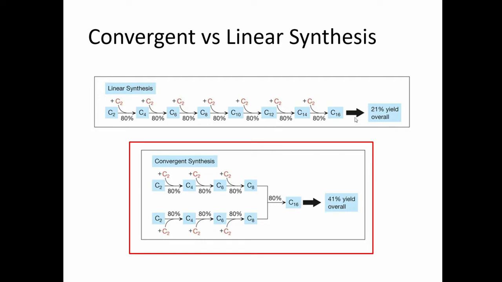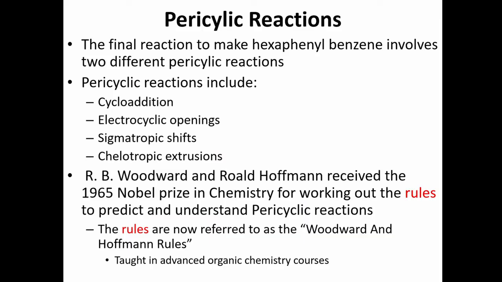When we compare the amount of final product, we obtain about 41% versus 21% using convergent synthesis. This is why we try to design our experiments as a convergent synthesis, just so we can obtain as much product as possible.